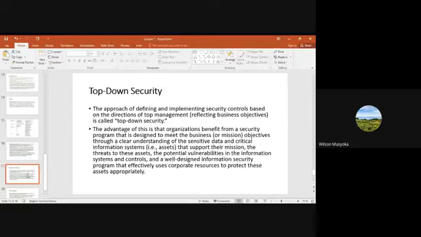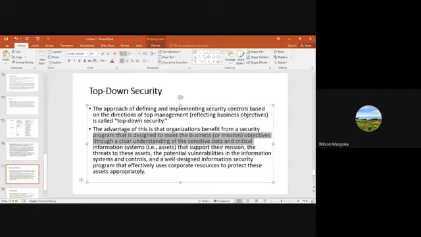That is why it is called top-down security, meaning that it will come from the top level management of the organization and then it trickles down. The advantage of this is that organizations benefit from a security program that is designed to meet the business or mission objectives through a clear understanding of the sensitive data and critical information systems which are available.